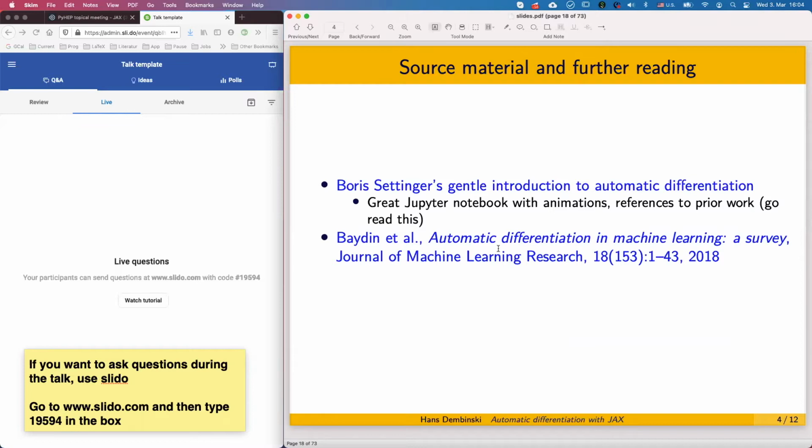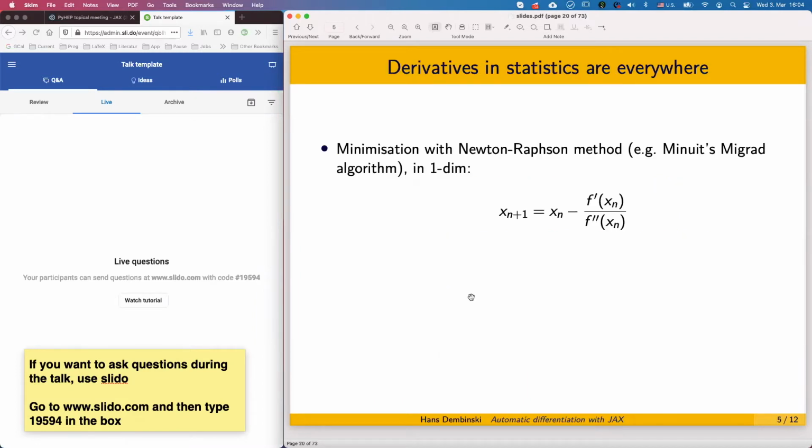Then there's also this paper, which is a survey of automatic differentiation and machine learning. That is also very nice. And then finally, the JAX documentation is really recommendable.